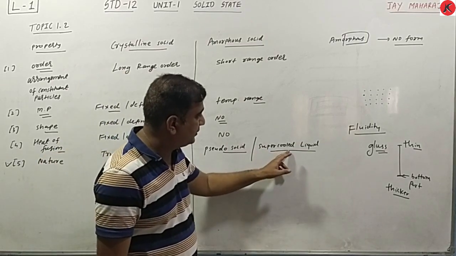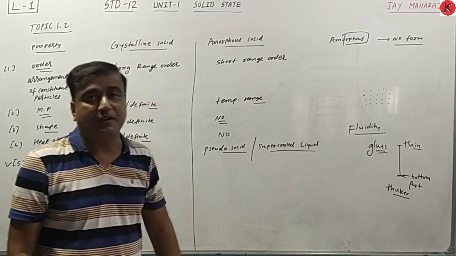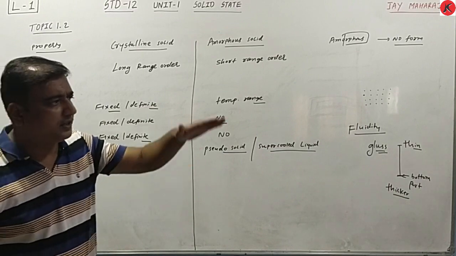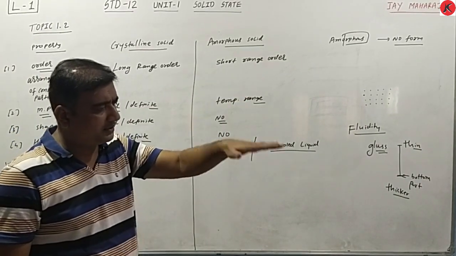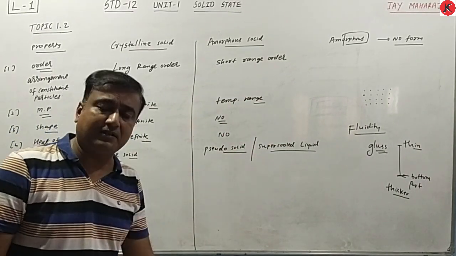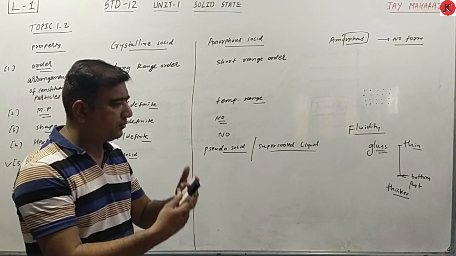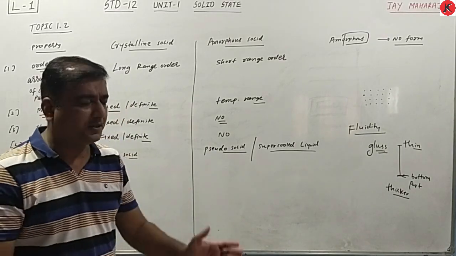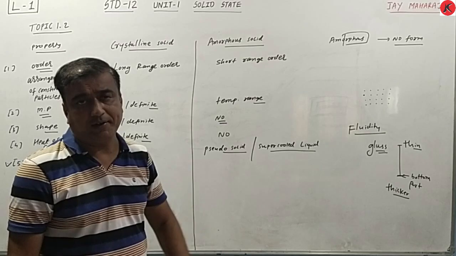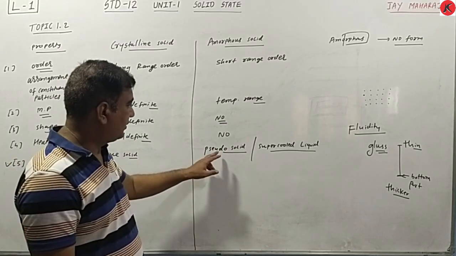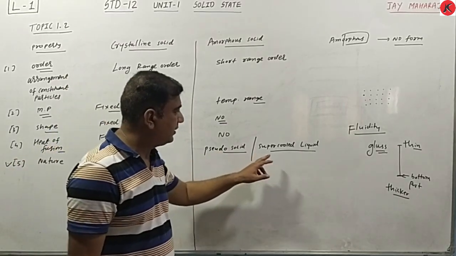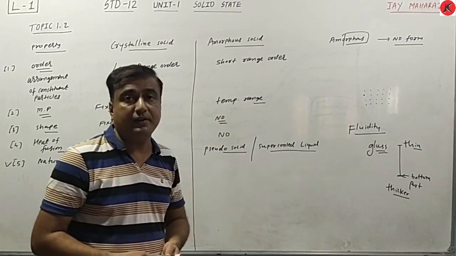Therefore, it is called super cool liquid. Liquid છે અને તમે ટેમ્પરેચર ડાઉન, ફાસ્ટ કરો તો amorphous solid બને. Therefore, these two words are used, pseudo solid and super cool liquid.